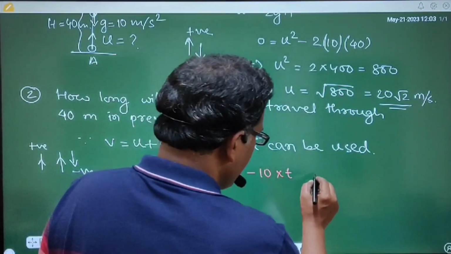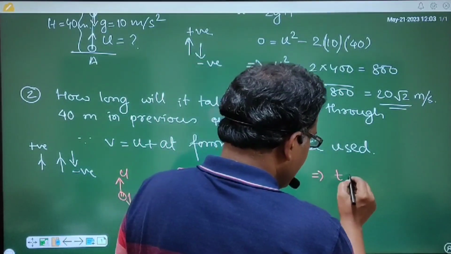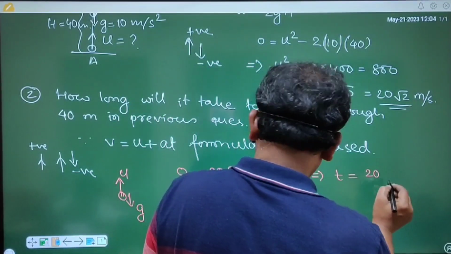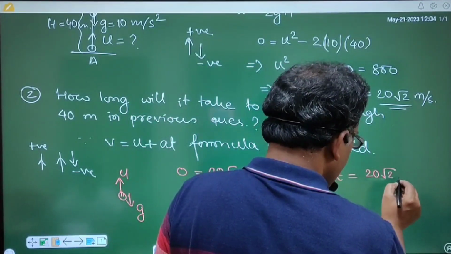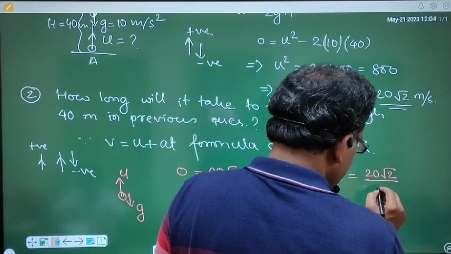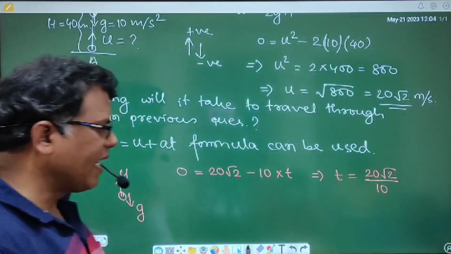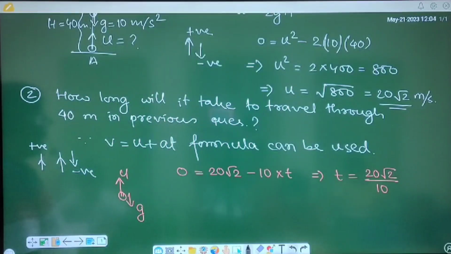So from this, can I write t is equal to 20 root 2 over 10? As I said, when I am throwing a particle upward, I have to conventionally take one direction positive.